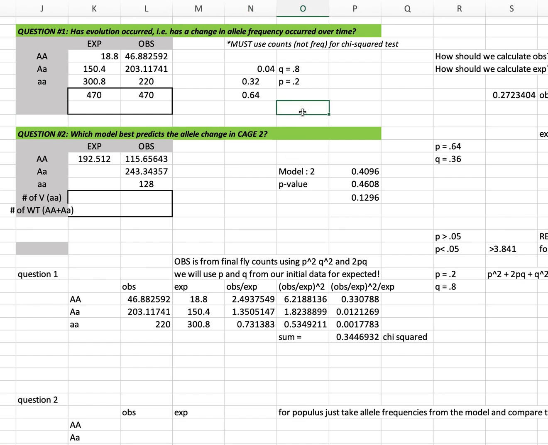We will do the same method: if we saw p is equal to, I don't know, 0.7, we can find out that q is equal to 0.3. Then we'll calculate our big A big A, big A little a, and little a little a frequencies again, and run the same thing step by step. So I hope this makes sense.